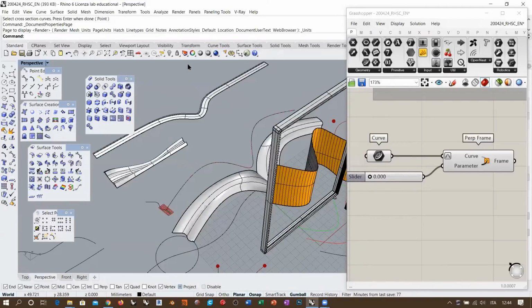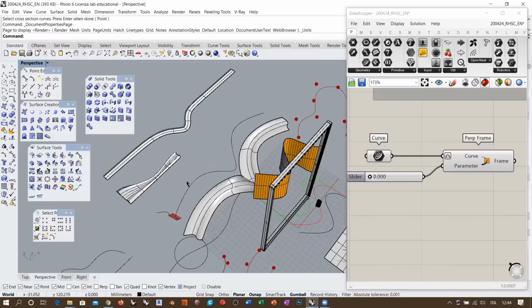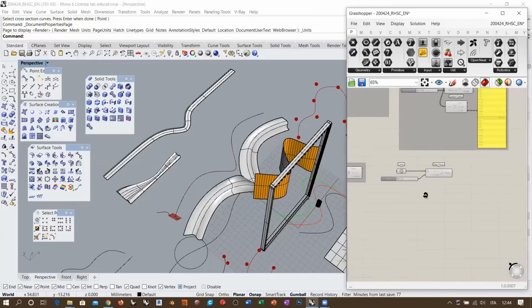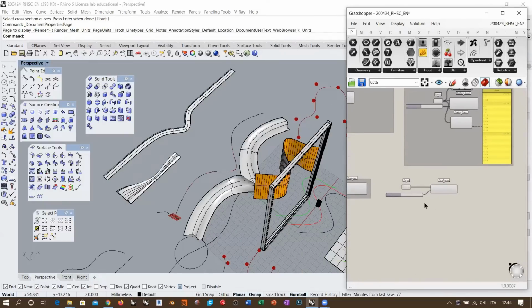Questions? Is it possible to bake the curvature graph somehow? No, I mean, you cannot do this in Rhino. You can find a way of doing this in Grasshopper.